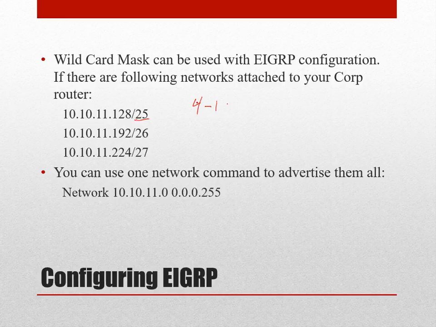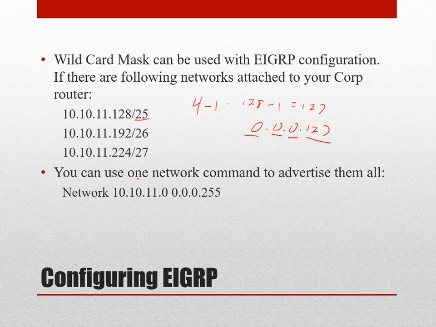No, 128 would be the increment. I think 2, 4, 8, 16, 32, 64, 128, yeah. 7 bits. Then the wildcard mask would be 127, and you'd write it as 0.0.0.127. And again, in the wildcard mask, it ignores the zeros and checks the ones when we do these things.